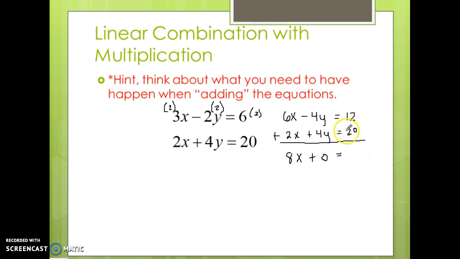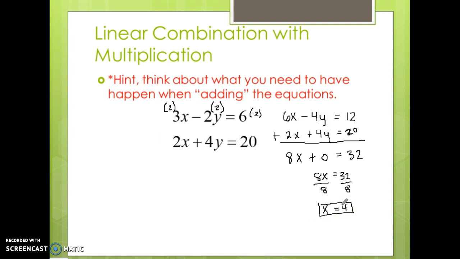And then 12 plus 20 would equal 32, giving us a simple one-step equation, 8x equals 32. And if you divide by 8 to get x by itself, you'd find that x equals 4.